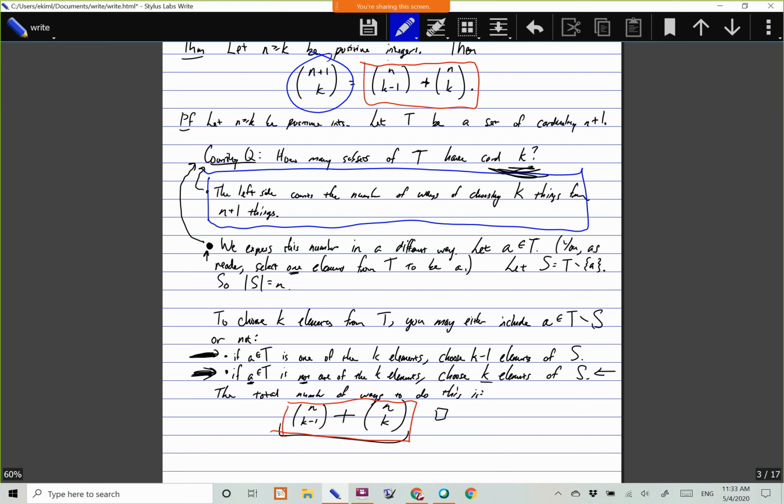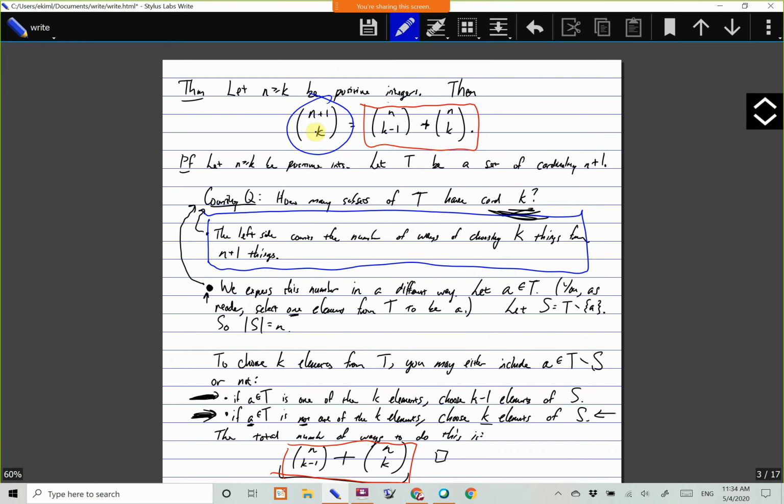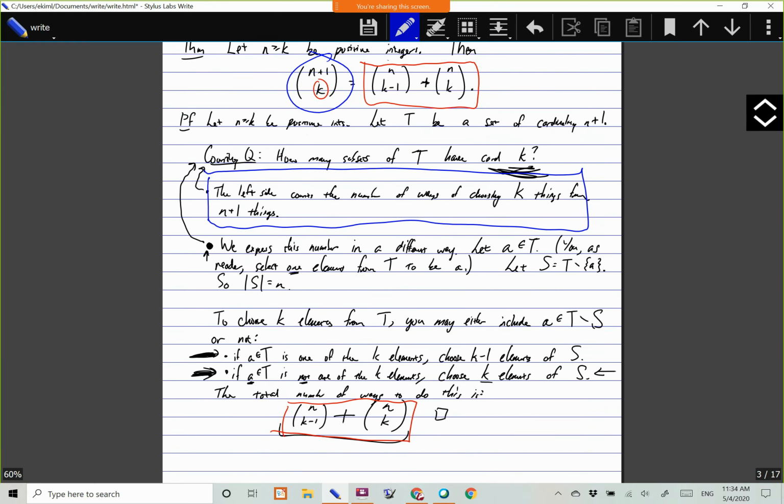The way to think about it now is, out of all of the n plus 1 things in T, let's just fix one of them to be called little a. And then to build a subset of T, either you have a in the subset or you don't. You need a subset of cardinality K in the end, so if you have a, since you're already declaring that a belongs to the subset, there are n choose K minus 1 ways to complete the set.